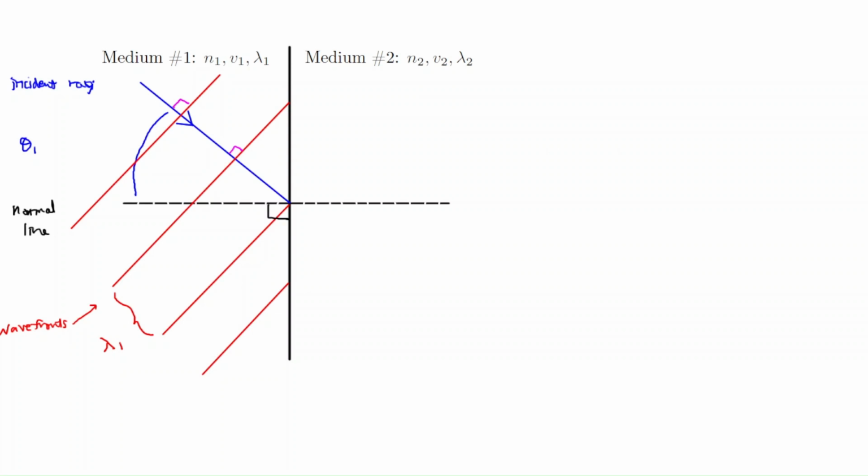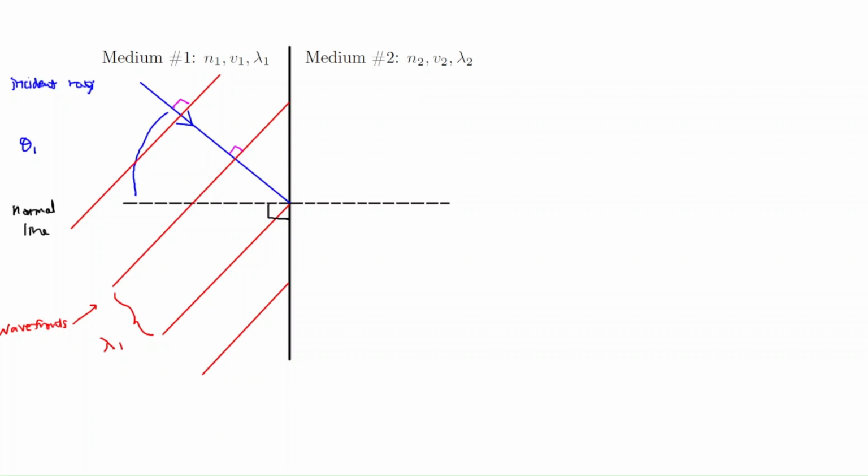But what we do is measure the angle that the ray makes with respect to this normal line. I've drawn that as theta 1. Sometimes we call that the angle of incidence. All right, so let's try and figure out what happens to this wave when it crosses over into the new medium based on the wave properties that we've been talking about.